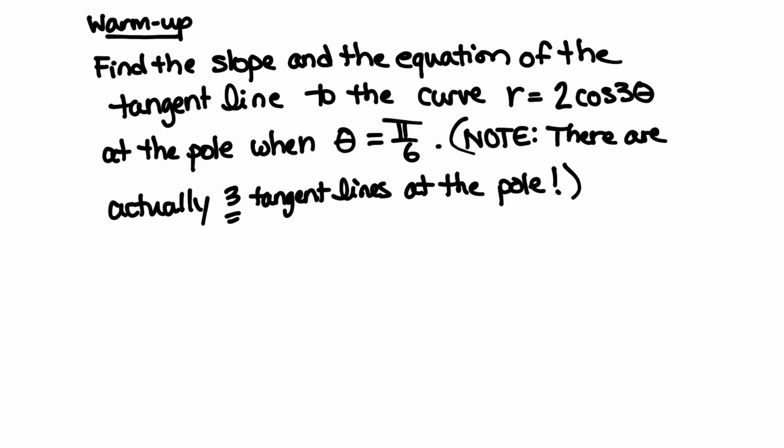That's my logic. I will pass through the pole when r is 0. So let me make sure that when I plug pi over 6 in for my angle, I definitely get r being 0, just to make sure everything's good.